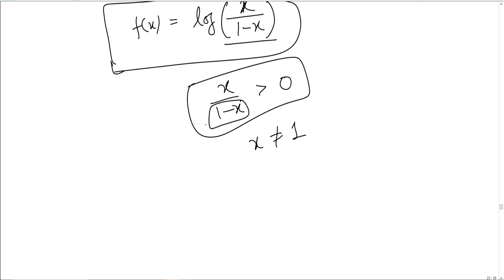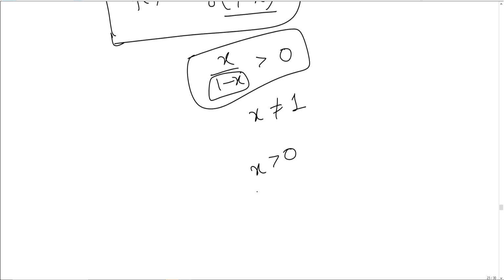So, can we try to do something about it? Well, this entire thing has to be greater than 0. One thing that has to happen is x greater than 0. So, x should be greater than 0. Another thing: let us say x is positive, but can it be a large positive value?